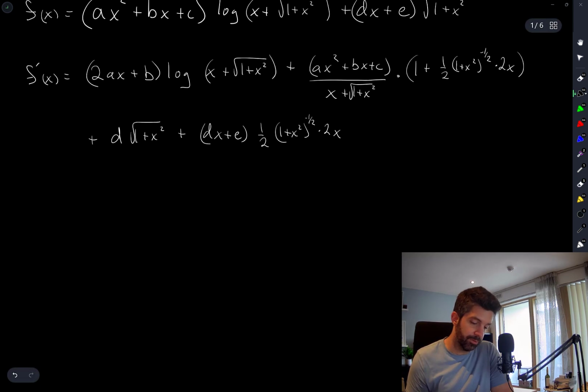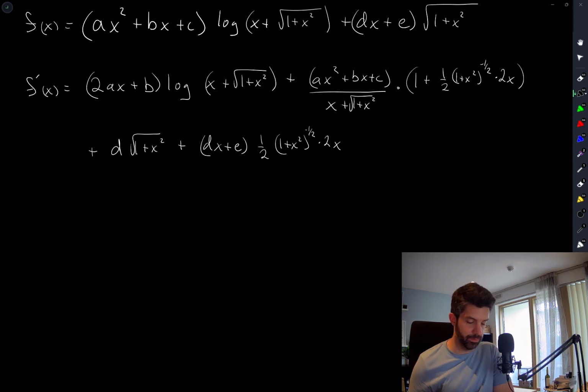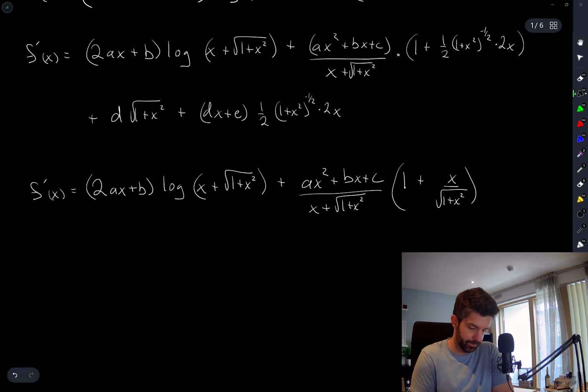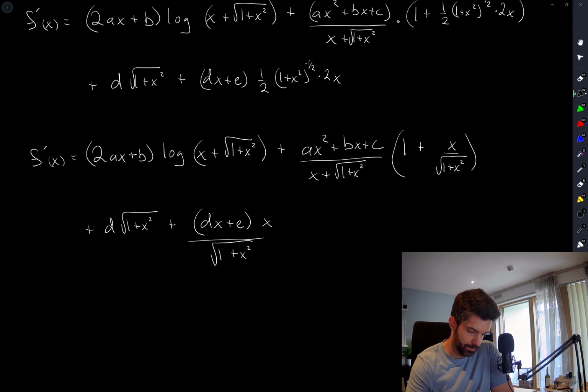Okay, so I think I've used product rule, chain rule, and every rule I need to get this expression, but I'm hoping to be able to simplify this a bit. I'm not sure if there's really any meaningful simplification that can be done.